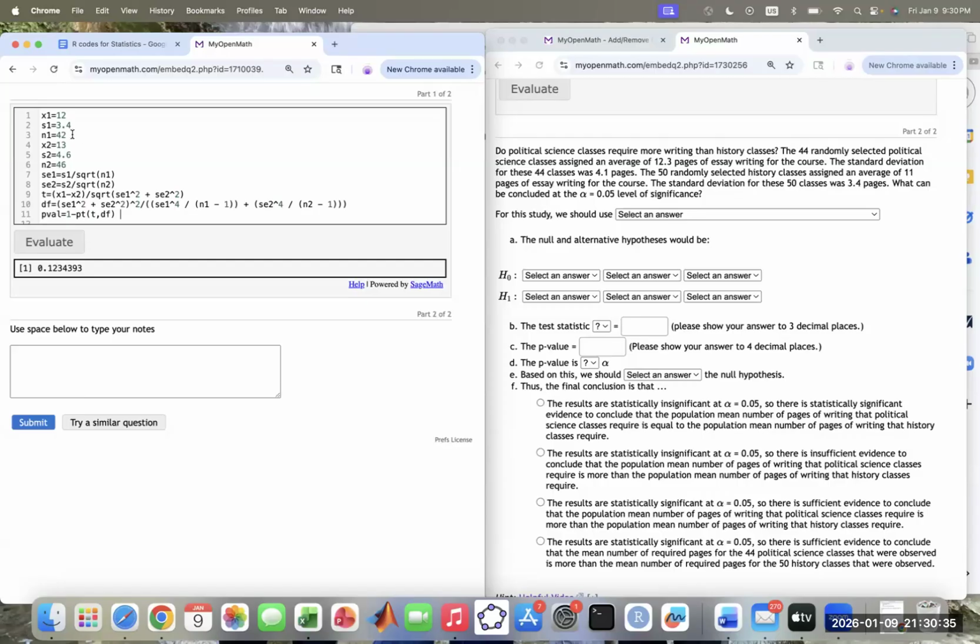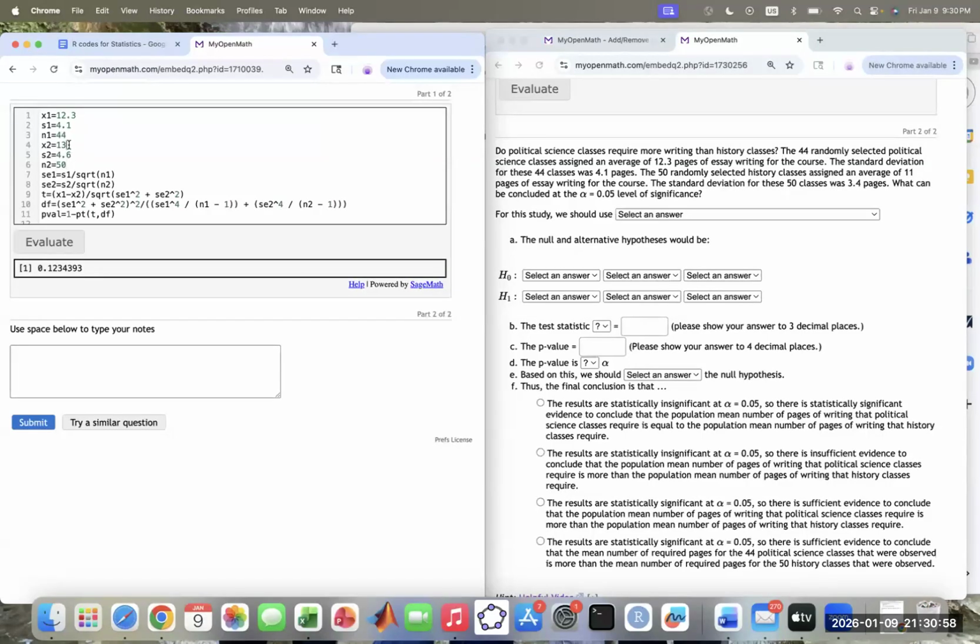So I'm going to do, this one would be, n would be 44, and then the mean would be 12.3, and then the standard deviation would be 4.1. And then over here, the n2, that would be 50.